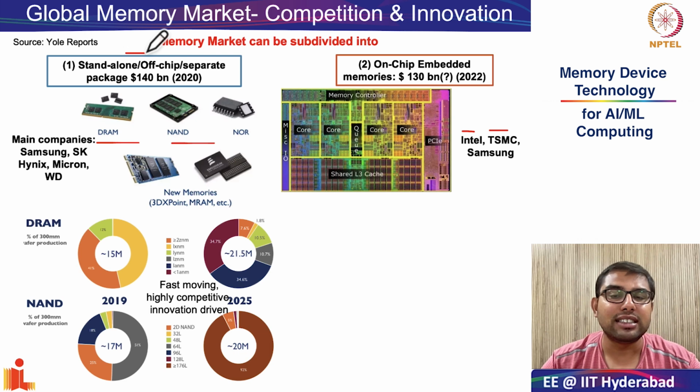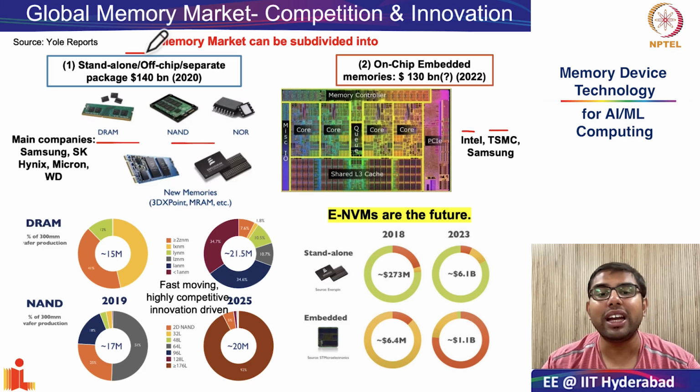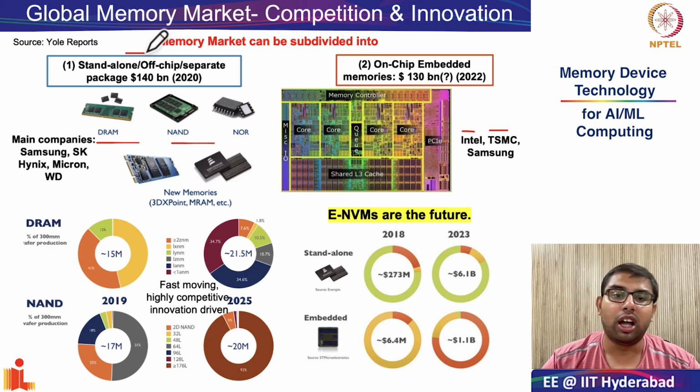So this is a business where if you snooze, you lose. The second thing that I wanted to highlight is there is a rapid increase in CAGR, compound annual growth rate percentage, in the eNVM market because a lot of innovation is happening there, and still a clear candidate that will capture the eNVM space is not yet figured out.